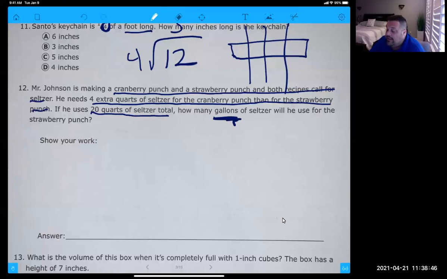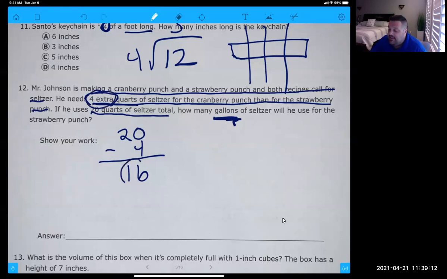So what we need to do is, we know we use 20 quarts total. The cranberry uses 4 extra, so we need to take the 4 extra out. So we used 16 quarts to make the cranberry and strawberry. We just took out the 4 extra that were not involved, right?